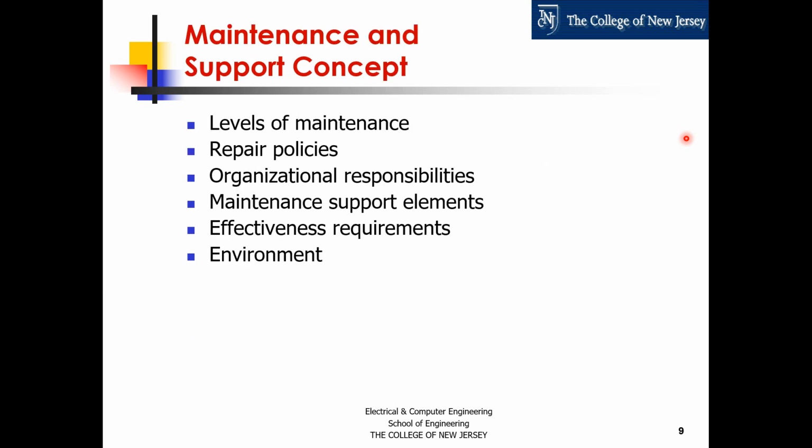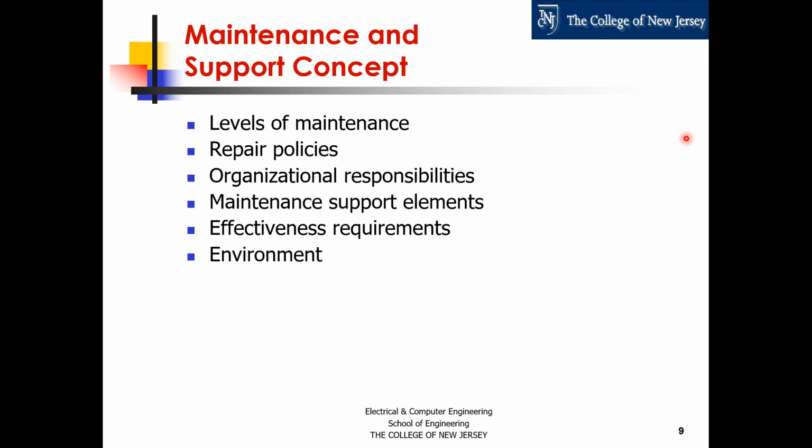So let's talk about that. What is a maintenance and support concept of a system, and why is it important? These are the elements of a maintenance and support concept. We need to specify the levels of maintenance, and we'll go through a conceptual example next.